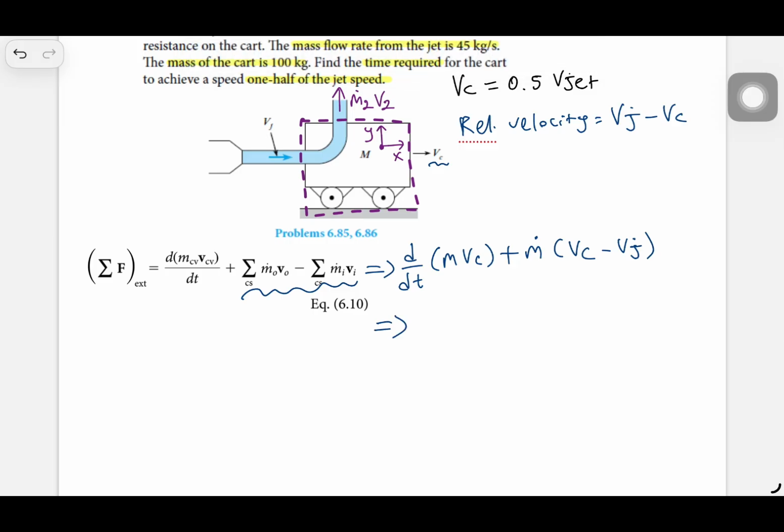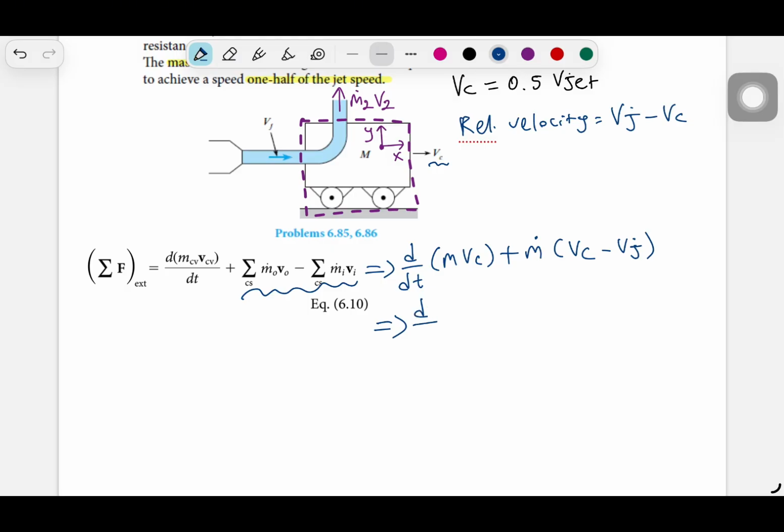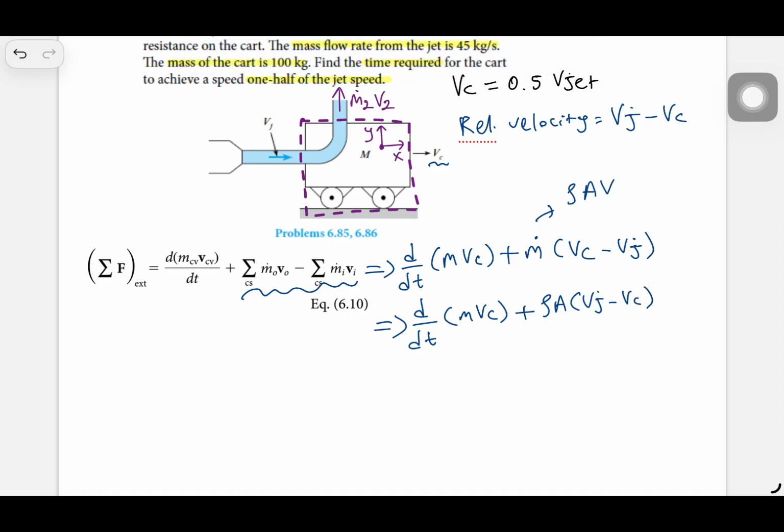Since this is the relative velocity in this system, we will use this velocity within the mass flow rate. The mass flow rate is rho A times velocity. So we will have rho A and we will also add the other velocity term.